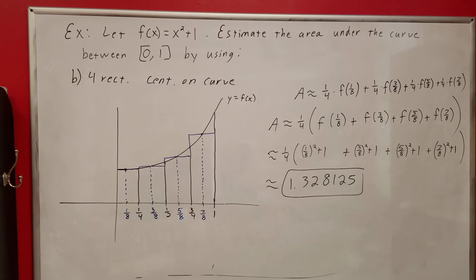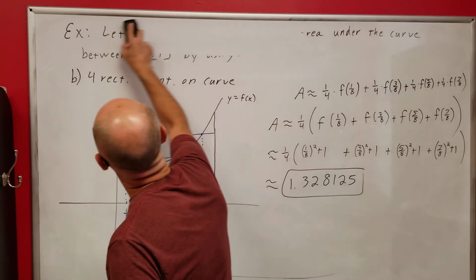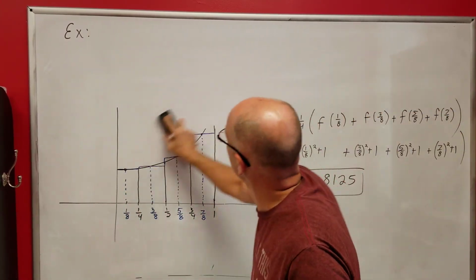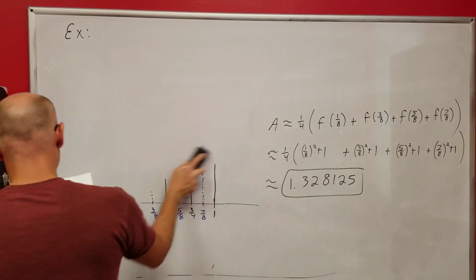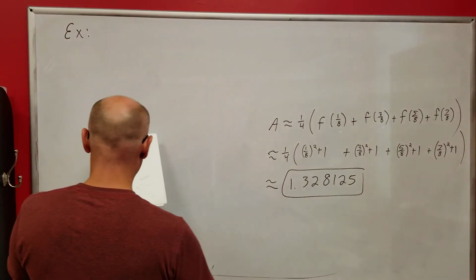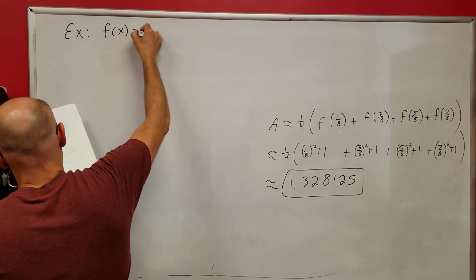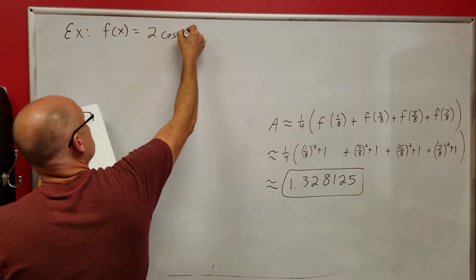All right, I want to look at this one next. Our next example, our function is going to be f of x is equal to 2 times the cosine of x.